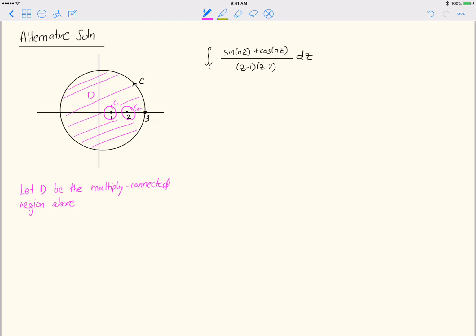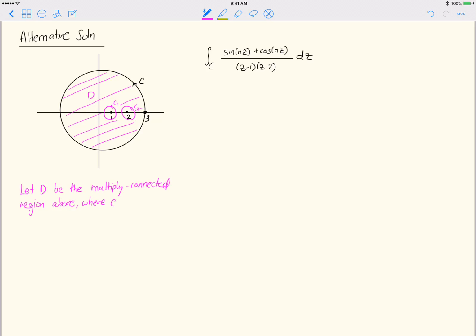And like I said, you want to draw C1 and C2 so that they stay within C. So maybe I'll let the radius for each one be a quarter, for example.